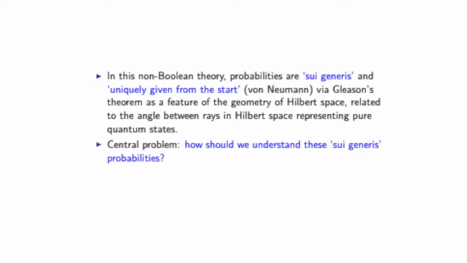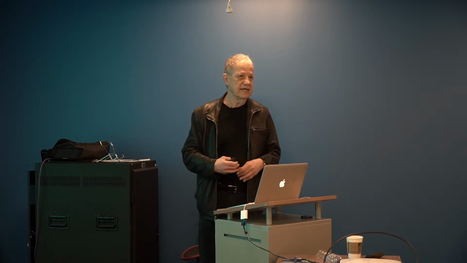Now, in this non-Boolean theory, the probabilities are what von Neumann calls, in a paper, sui generis, or uniquely given from the start, in the sense that they're geometric features of the geometry of Hilbert space, represented by the angle between rays for pure states.